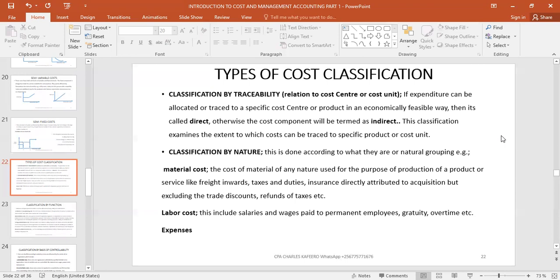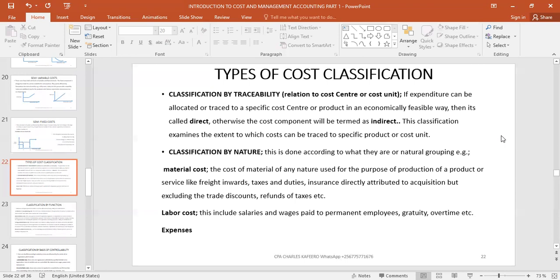Material costs refer to the cost of material of any nature used for the purpose of production of a product or a service. So when you are determining the cost of the raw materials you are incurring in the production of a certain output, you also have to include the incidental costs you've incurred.